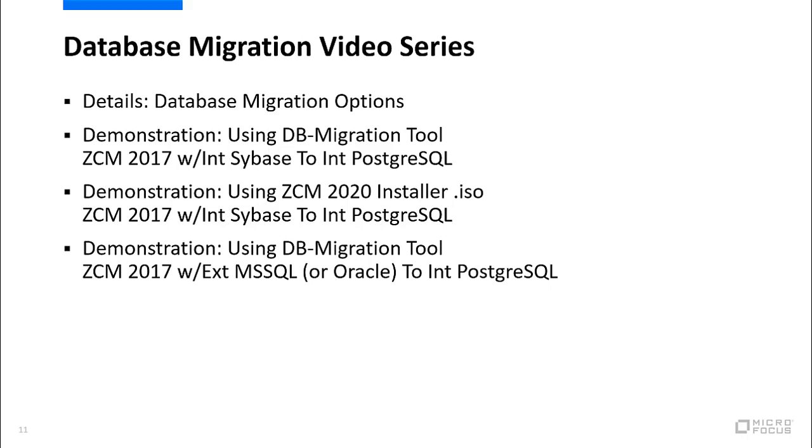The next demonstration is using the ZCM 2020 installer ISO to upgrade ZCM 2017 with an internal Sybase database to an internal PostgreSQL. And the final one in this series is a demonstration using the DB migration tool on a ZCM 2017 with an external MSSQL database to internal PostgreSQL.